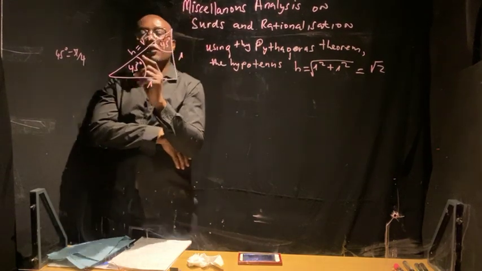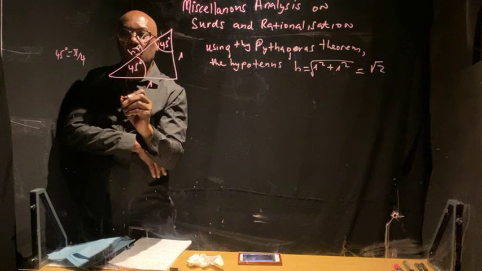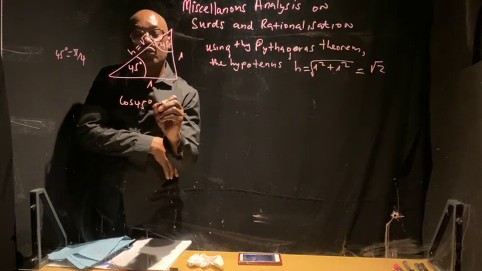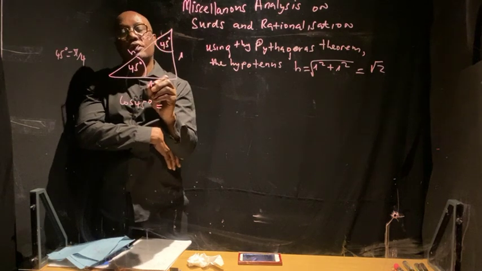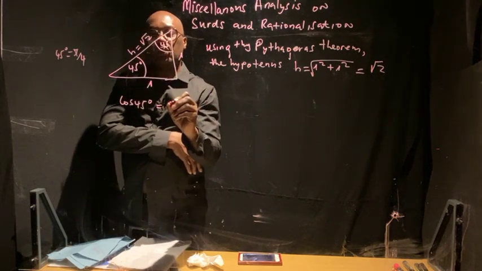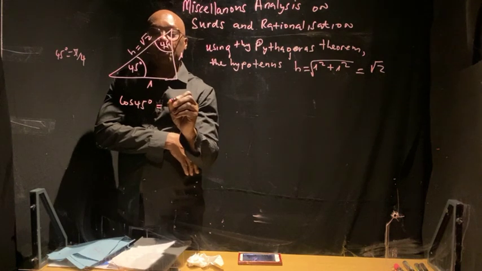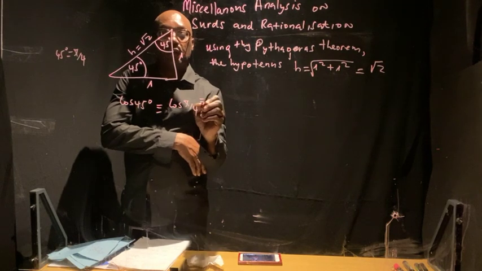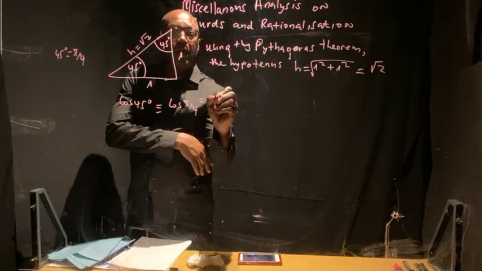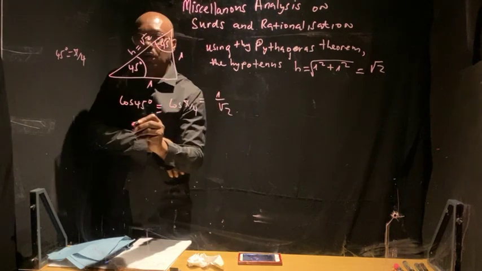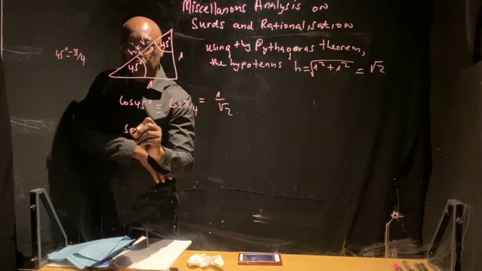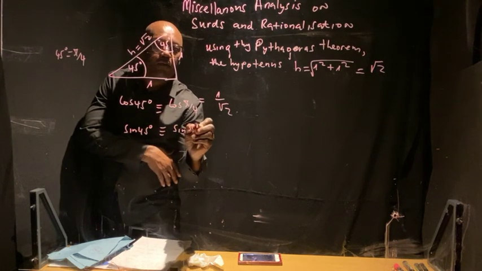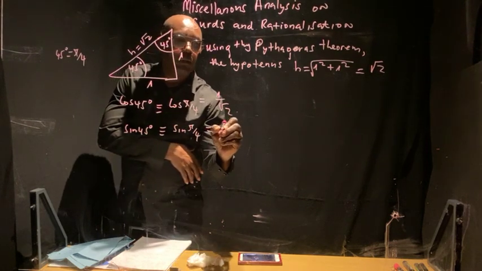Okay, if you have this one, you can see that cos 45 degrees is equal to the adjacent over the hypotenuse. Cos 45 degrees is the same as cos pi by 4, which is equal to 1 over root 2. In that same vein, sine 45 degrees or sine pi by 4 is equal to 1 over root 2.